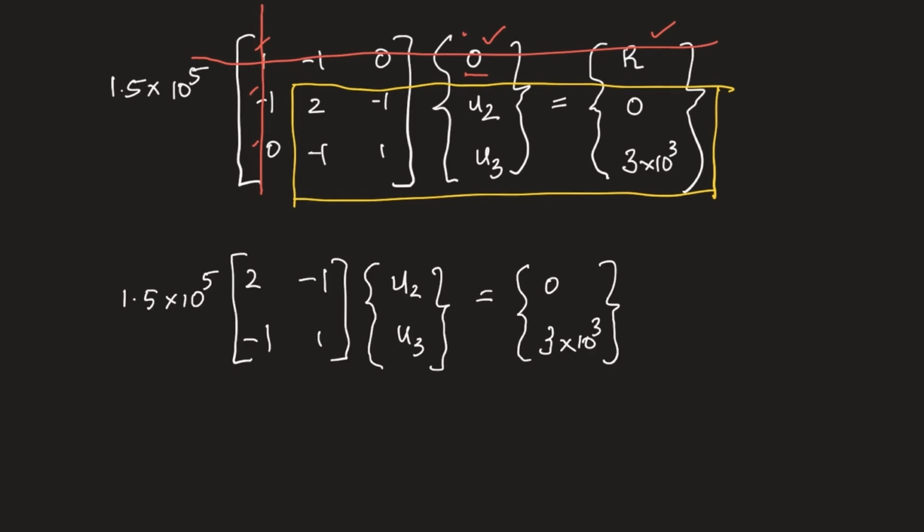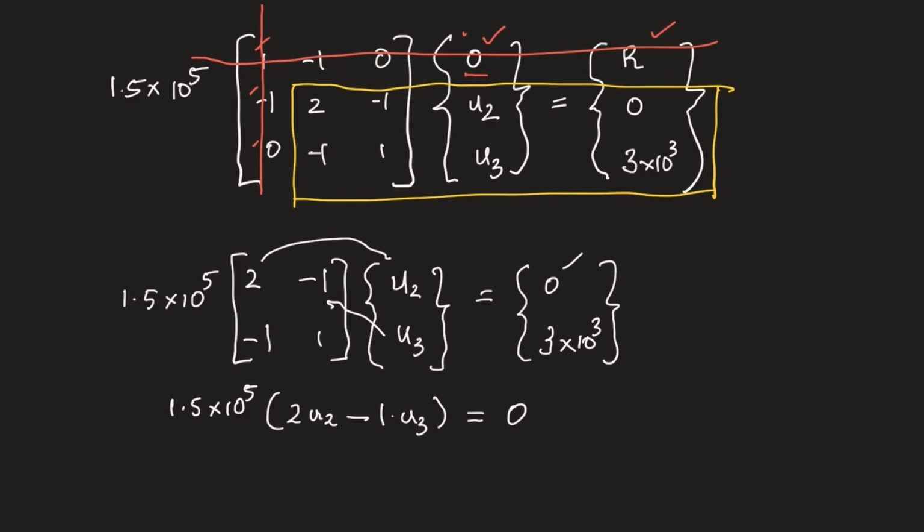Now we can write this as two equations. The first one would be 1.5 into 10 raised to 5 into (2u2 minus 1 into u3) is equal to 0.